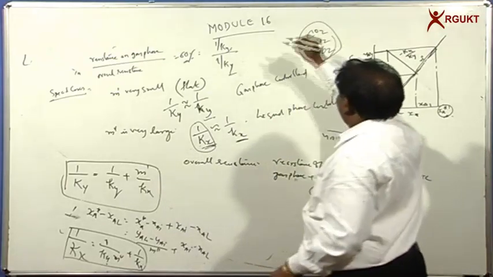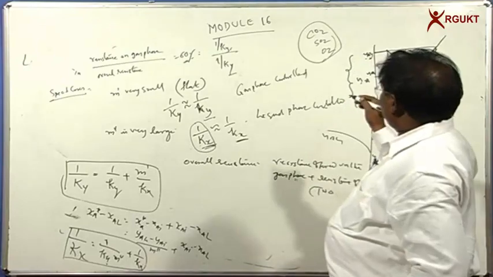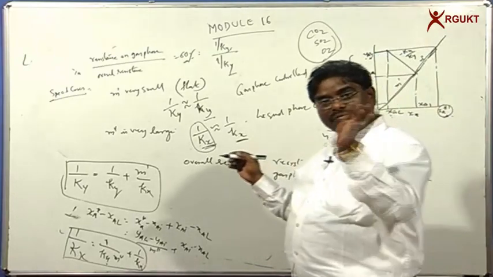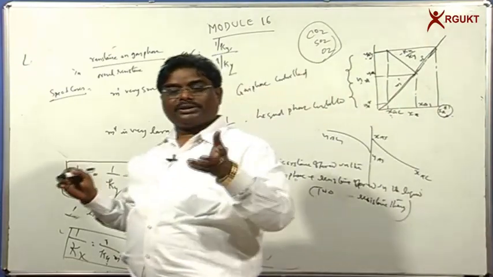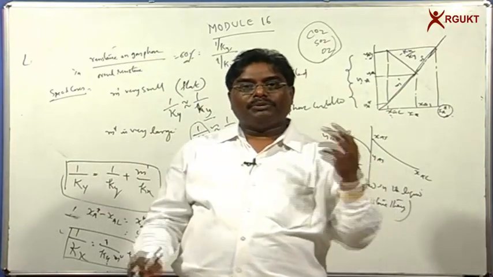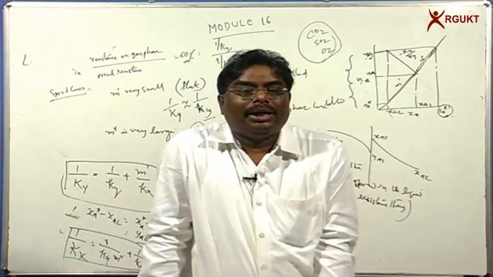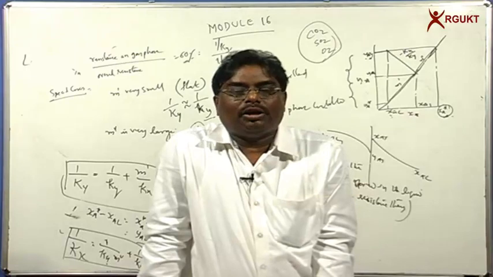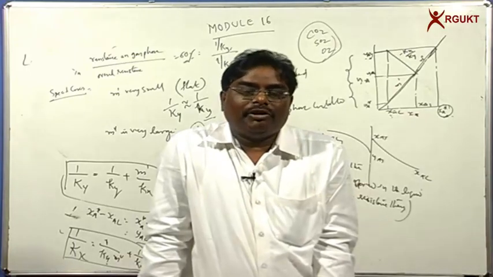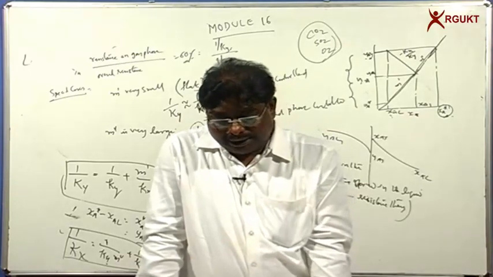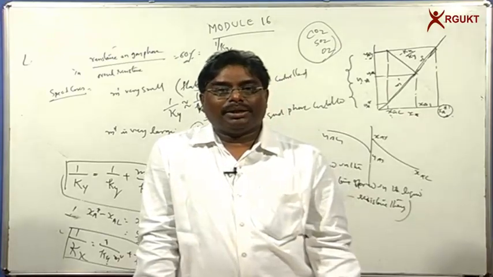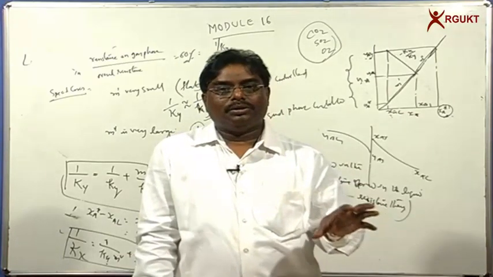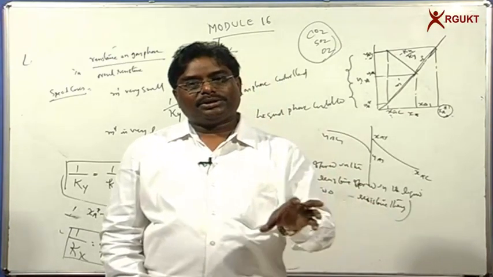When you want to transfer either CO2 or SO2 or oxygen from the gas phase to the liquid phase, both the resistances are important, because the CO2 or SO2 or oxygen doesn't have a high solubility in the liquid phase. So the liquid phase resistance is important as well as the gas phase resistance, and your overall resistance is equal to resistance in the gas phase plus resistance in the liquid phase.